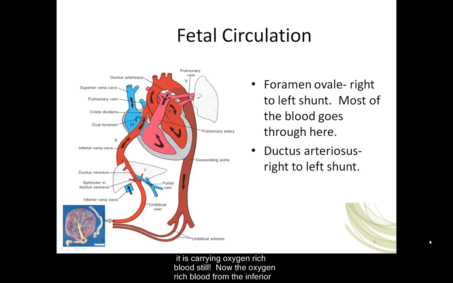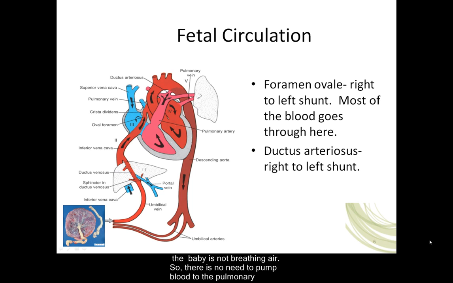Now the oxygen-rich blood from the inferior vena cava mixes with the superior vena cava in the right atrium. Most of this blood goes through a hole in the atrial septum called the foramen ovale. Why would there be a hole in the baby's heart? Well, again, the baby's lungs are collapsed as the baby is not breathing air. So there is no need to pump blood to the pulmonary circuit.